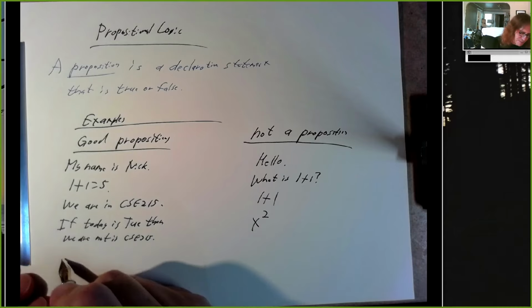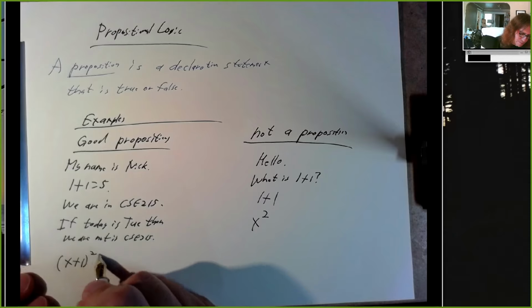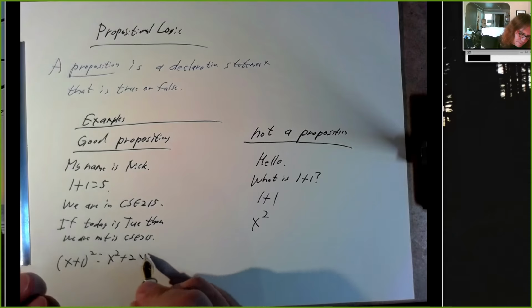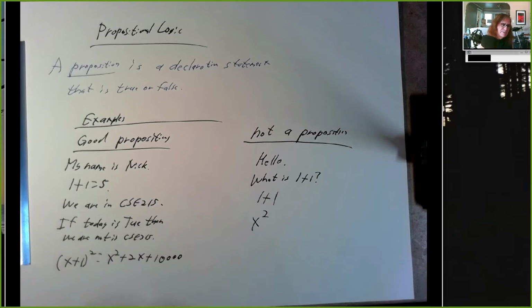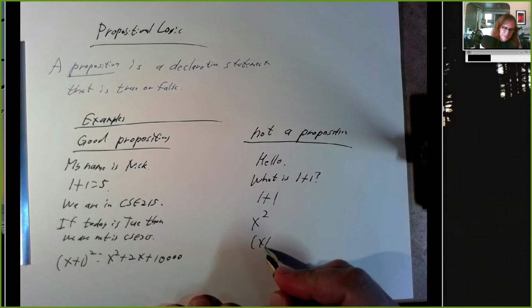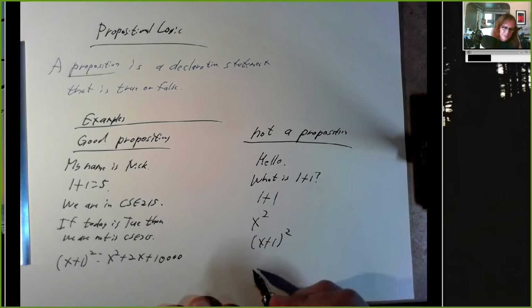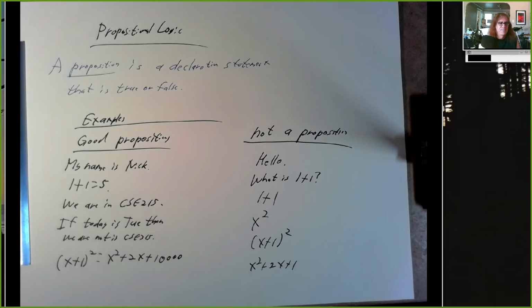What would be a good proposition is this. An equally good proposition is this. That one happens to be false. But it's still a proposition. Whereas this or this or this, those are not propositions. They're not making a declaration. They don't have a truth value.